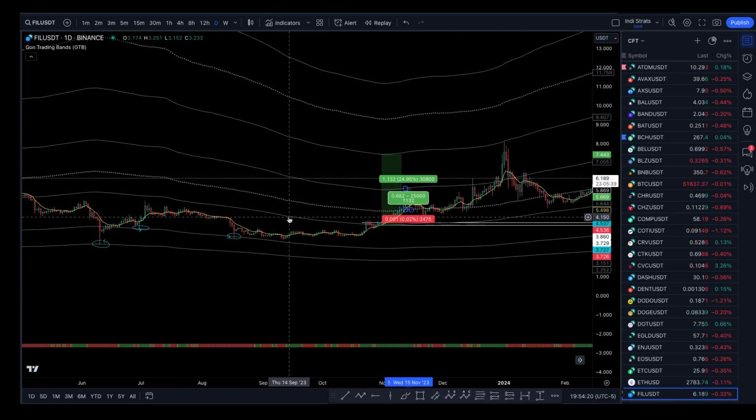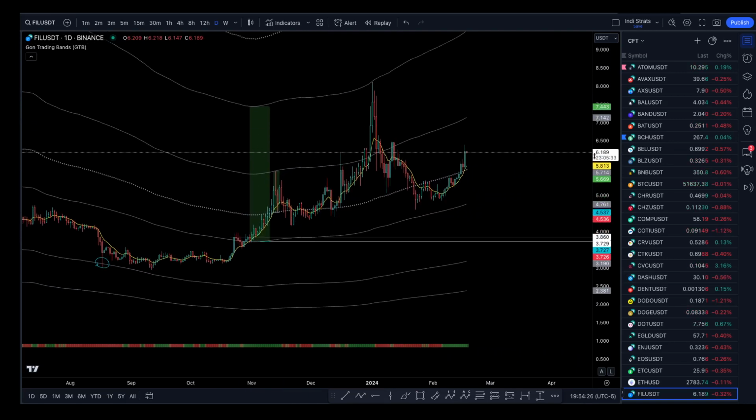You don't care about months or years passing. Then it's okay. But if you're trading with the Gon Trading Bands, just take your profit and move on. You have so many assets available, and price keeps moving up and down. You will eventually find the next trade.